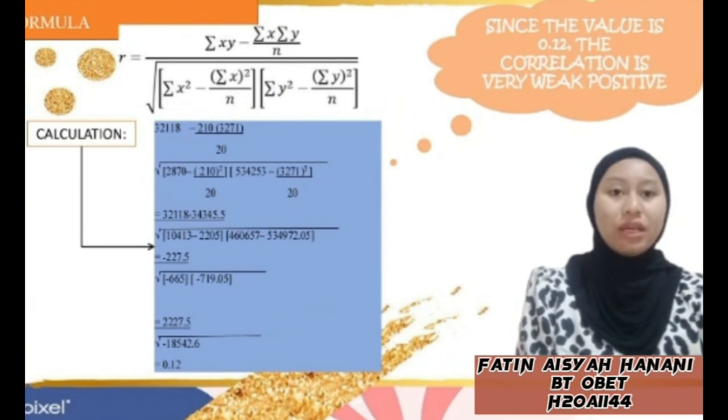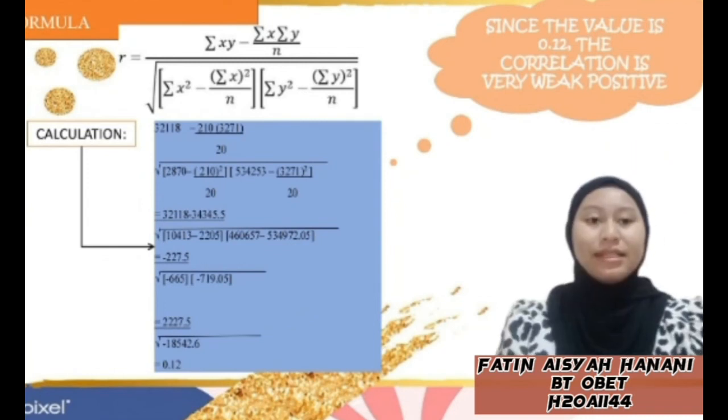After calculating using the Pearson formula, the result we got is 0.12. Since the value that we got is 0.12, we have analyzed that the correlation is very weak positive between X and Y.